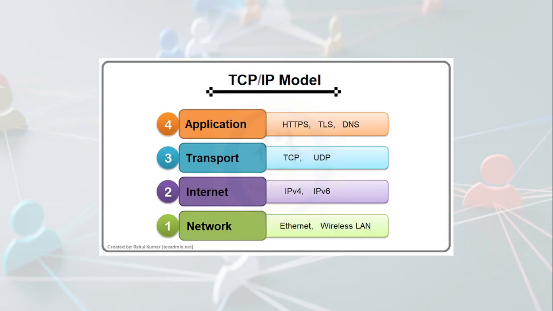Here's the TCP/IP suite, which is the backbone of the Internet, defining how devices communicate reliably. It uses a layered approach. The application layer provides services like web browsing, HTTP, and file transfers, FTP. The transport layer ensures data is delivered correctly with TCP or quickly with UDP. The Internet layer handles addressing and routing using IP.